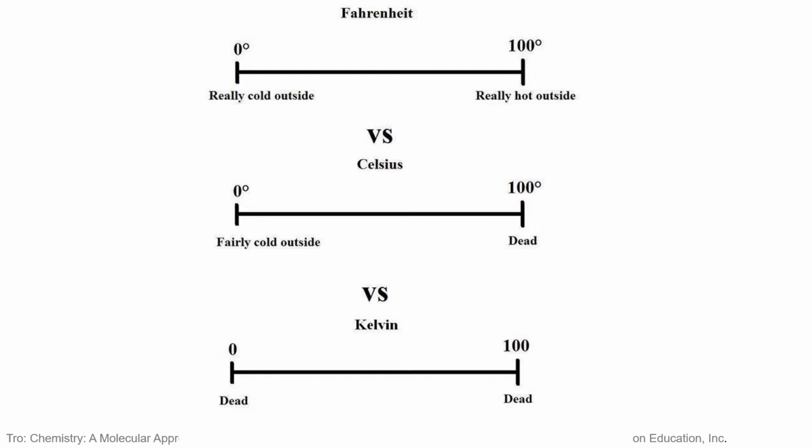It's where water freezes, where it could potentially start snowing. If it's 100 degrees Celsius, you're dead, because that is 212 Fahrenheit, and we can't survive in those conditions. If we look at the Kelvin scale, at 0 Kelvin, you're dead. At 100 Kelvin, you're dead. And that's because both of those temperatures are very, very cold, and we would not be able to survive them.